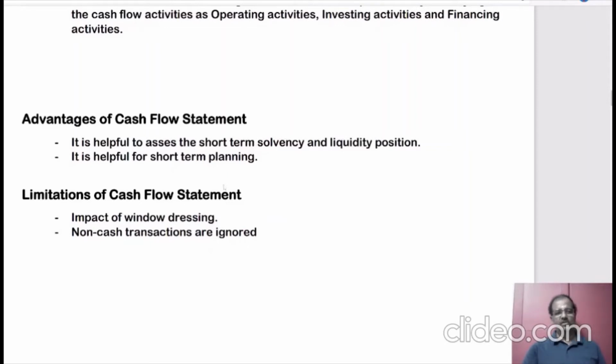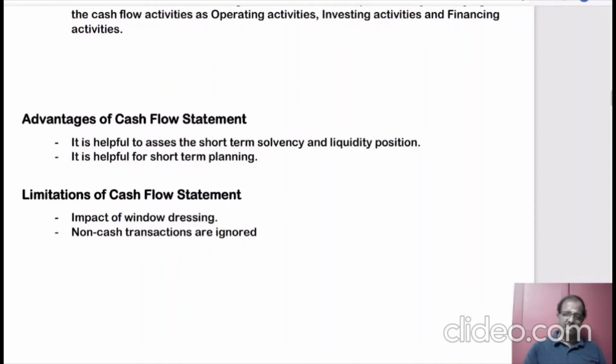It is helpful to assess the short-term solvency and liquidity position, and the same is also useful for short-term planning. So this cash flow statement is very important for short-term planning: do we have sufficient cash to face the short-term requirement? So it is helpful for that. At the same time, any action taken to improve the financial statement just for appearance is called window dressing.